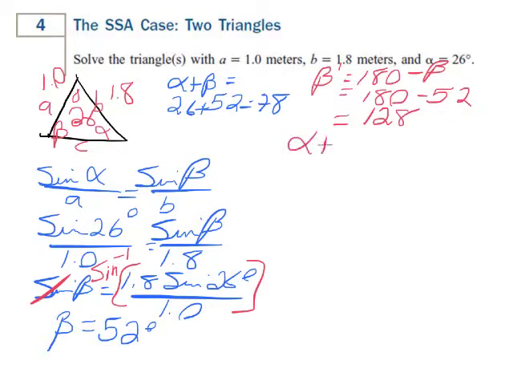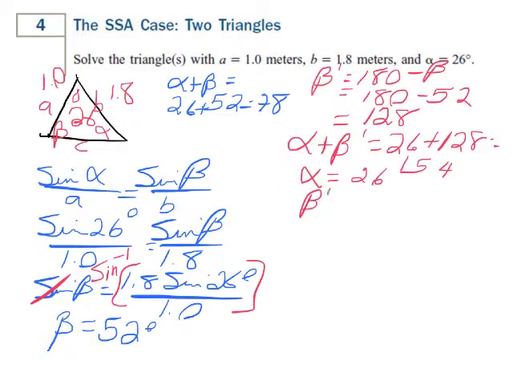So alpha plus our other beta would be 26 plus 128, which is 154. So we have two triangles that we have to consider. Alpha stays the same, which is 26. Our second beta is going to be equal to 128. So we're going to have to find our second gamma and our second C.